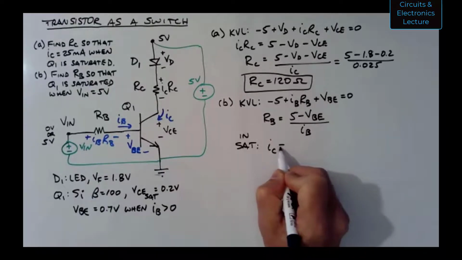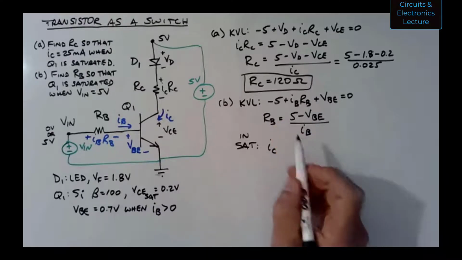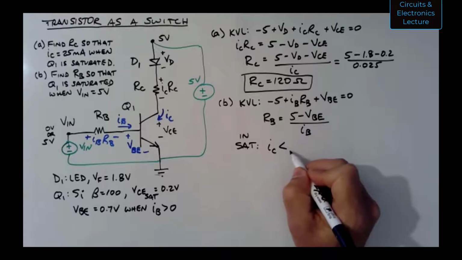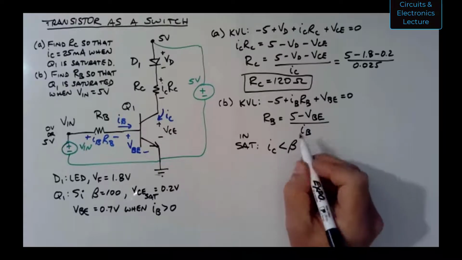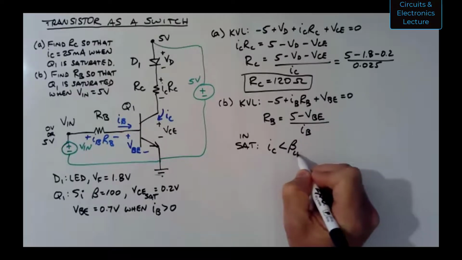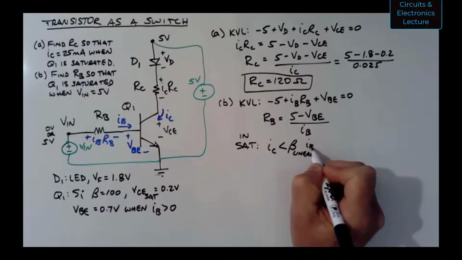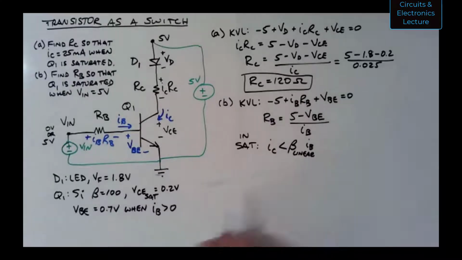In other words, IC is going to be not equal to, but less than beta linear times IB. I call it beta linear here because when the transistor is operating linearly, beta is equal to 100.